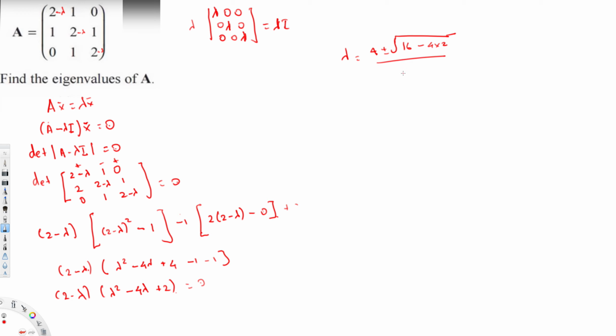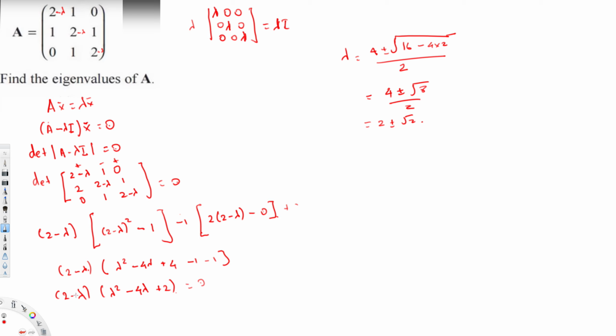In the bottom we have 2 times 1, so just 2. If you calculate this value, you get 4 plus or minus root 8 over 2, which is 2 plus or minus root 2.